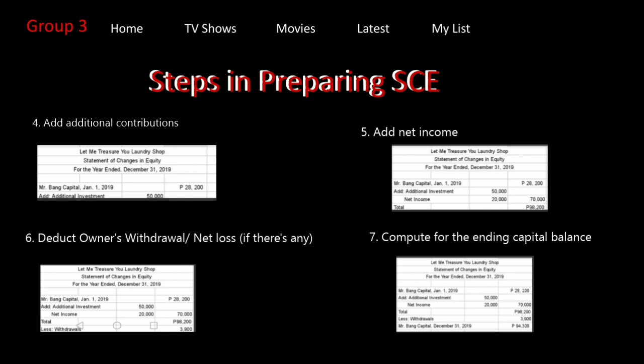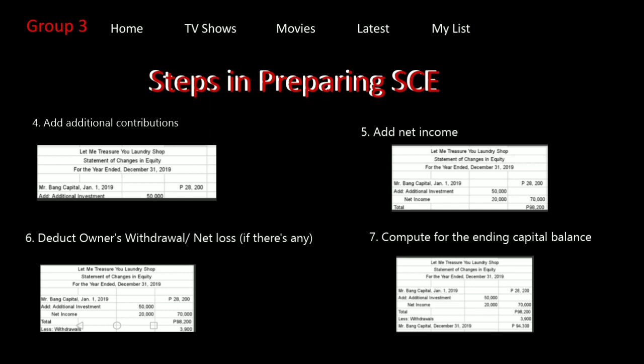Step 6. Deduct owner's withdrawal or net loss if there's any. So there's a given amount here, the last withdrawals, which is 3,900 pesos. Step 7. Compute for the ending capital balance.